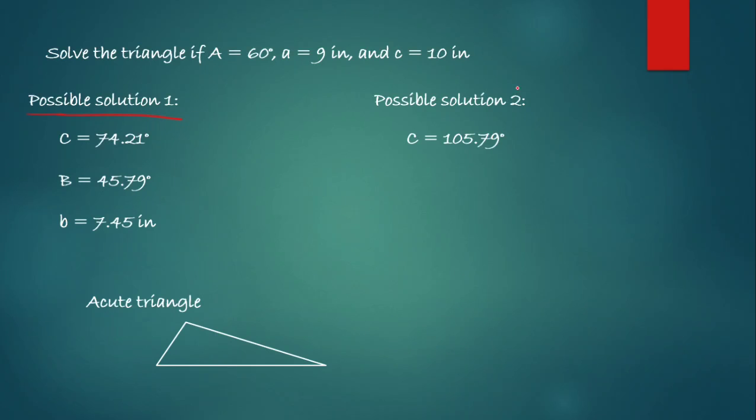Now let's try solving for possible solution number 2. Sine 60 over 9 equals sine B over B equals sine 105.79 over 10.